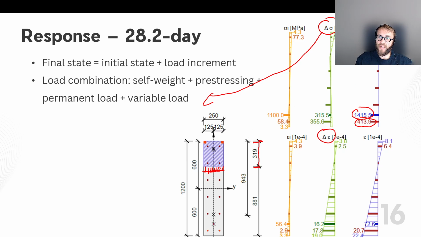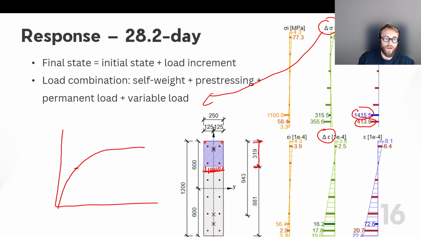But of course, you are heading to the part of the material diagram that basically looks like that. So we are somewhere here. This is observable from the stress evolution on the section itself. So this is where we are.